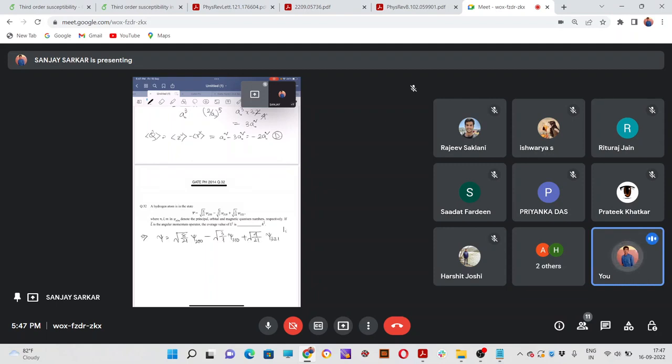If L is the angular momentum operator, the numerical value of the average value of L square needs to be found out. So calculate the average value of L square.